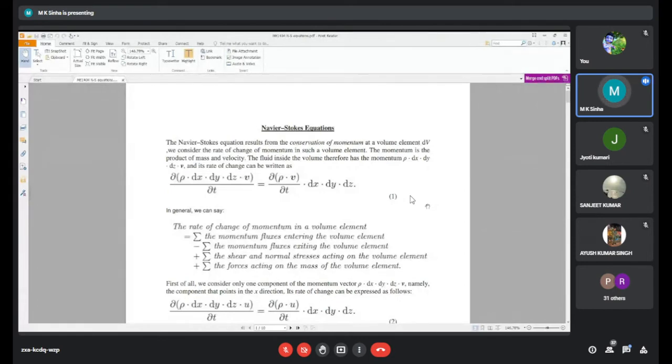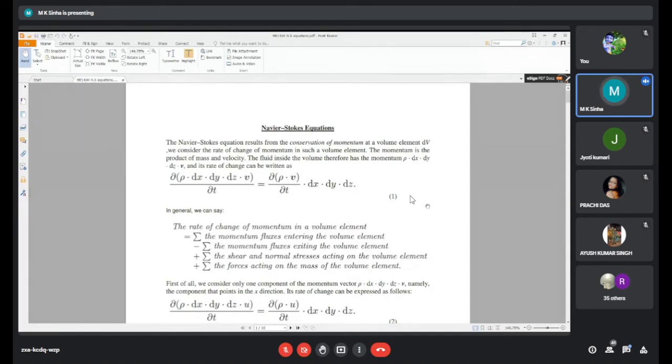Momentum is the product of mass and velocity, which is well known. The fluid inside the volume has a momentum of mass times velocity.